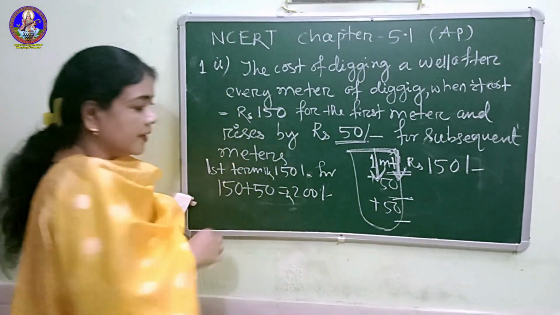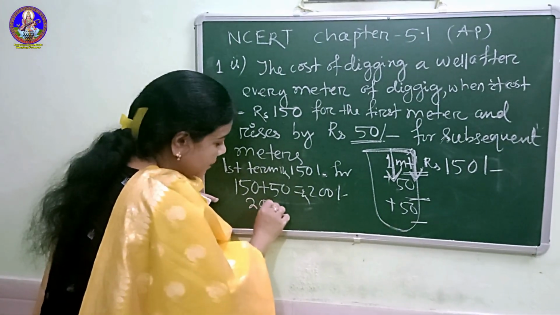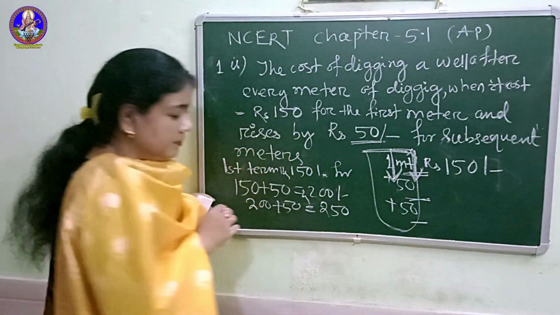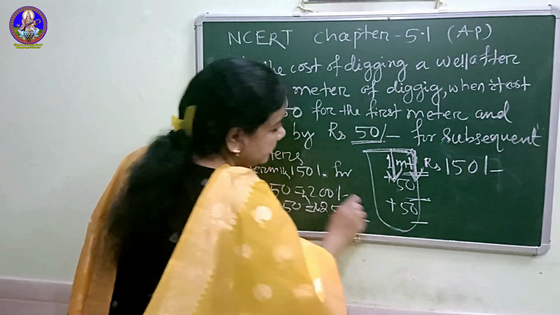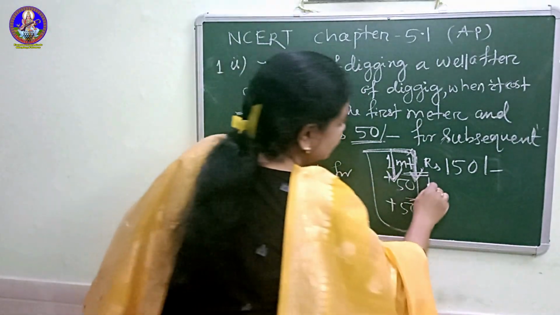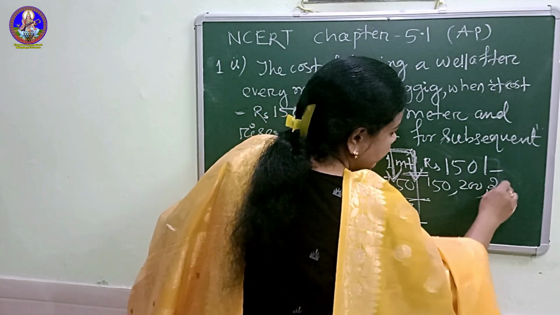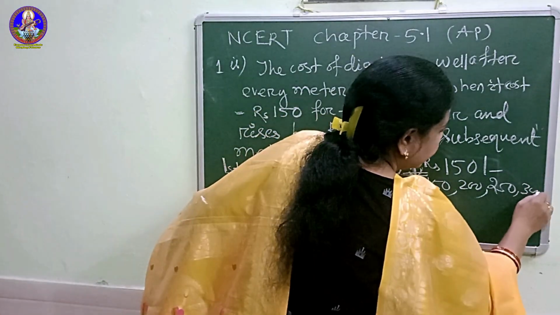Then the next, third meter. Again it rises by 200 plus 50, so the third term will be rupees 250. So the first term is 150, second is 200, third is 250, and obviously the fourth one will be 300.